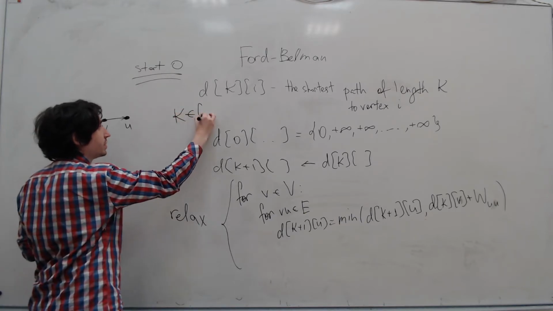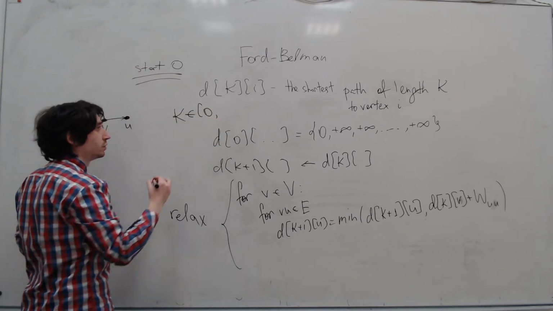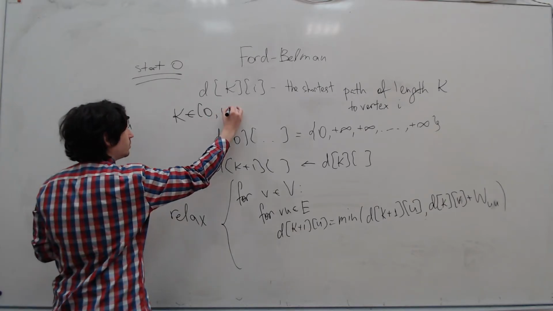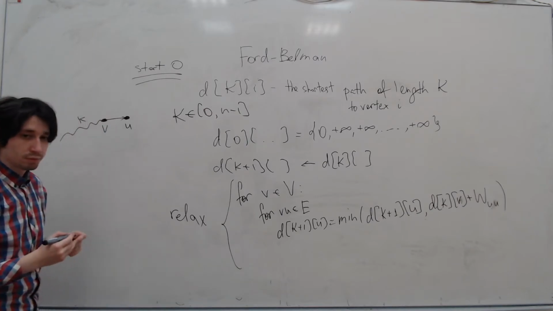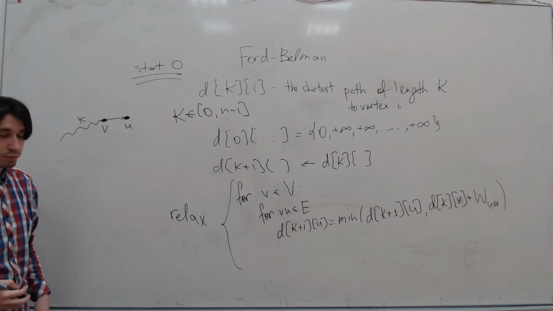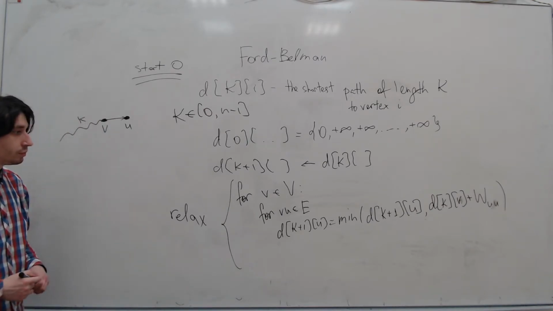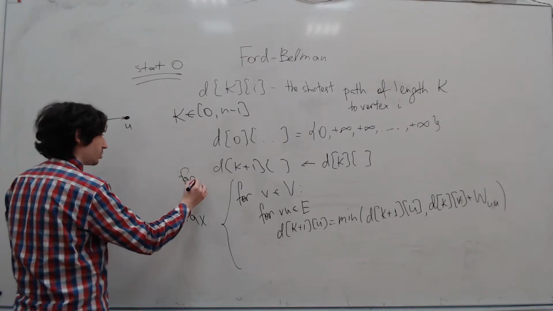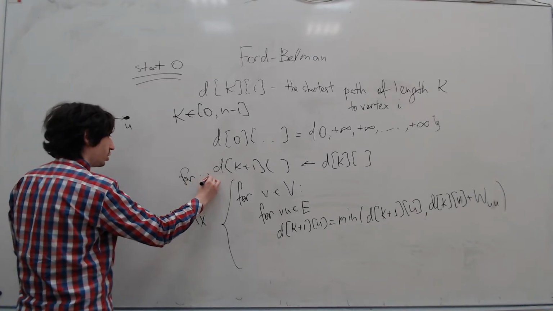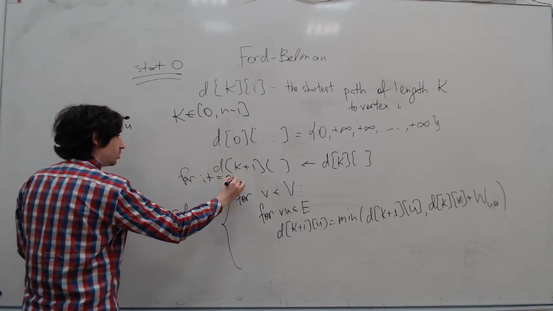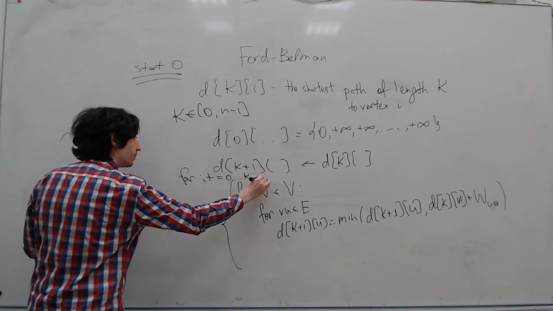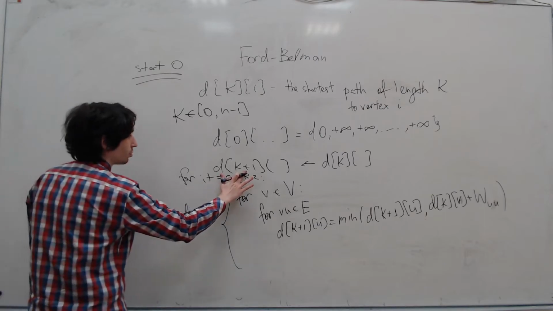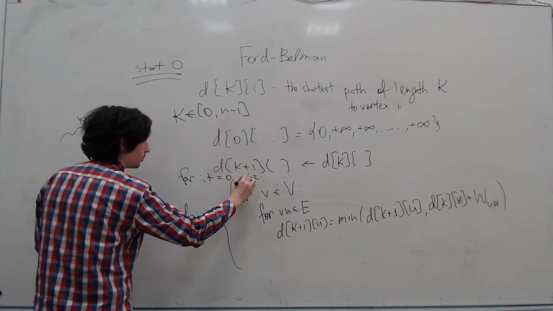So k is from 0 to n minus 1. Yeah, to n minus 1. That's it. We should perform this section n minus 2 times, for k from 0 to n minus 2. Yes, exactly.